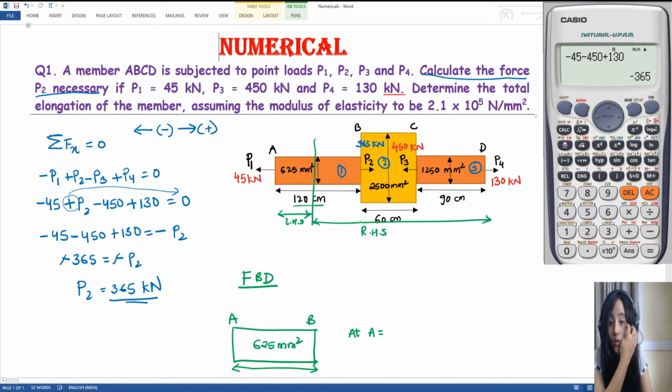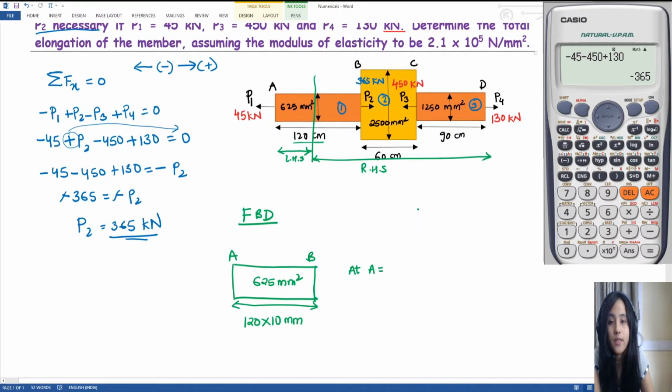We need to consider all the forces at the left hand side of this section. We have only one force, going to the left hand side direction. So it is minus 45 kilonewton, and the direction is to the left side.